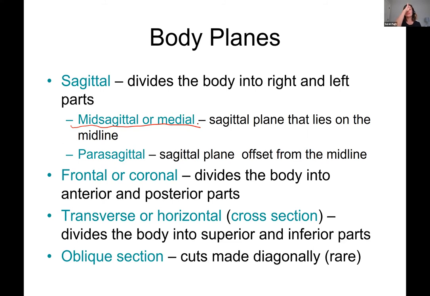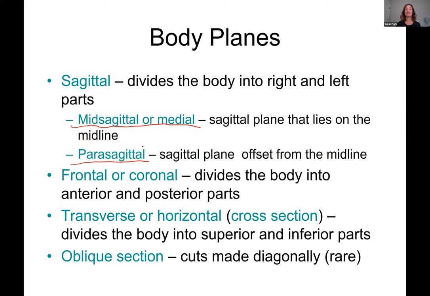If you do it just off to the side, let's say you cut your face over here, kind of down your eye, into a right and a left half. It's not exactly equal right and left halves, but it's still right and left halves. We call that parasagittal. It's just offset from the midline.